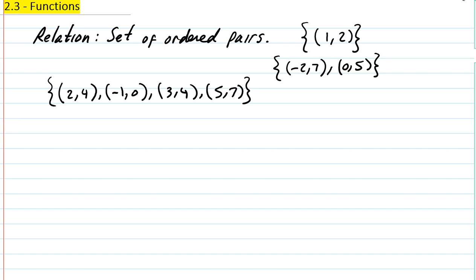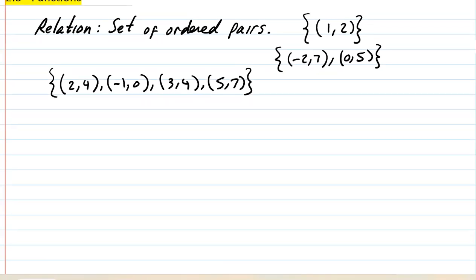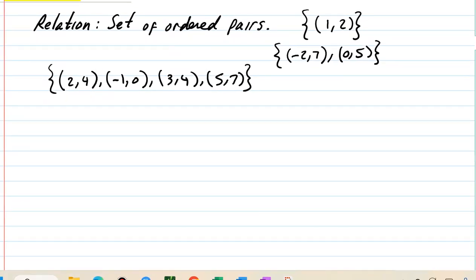Now, something interesting about this relation is that the first numbers are different. However, there is a repetition on the second number, right? So this is what I mean. If you look at the first components of each ordered pair, each of those are different.